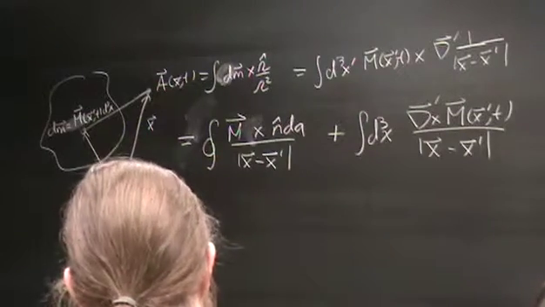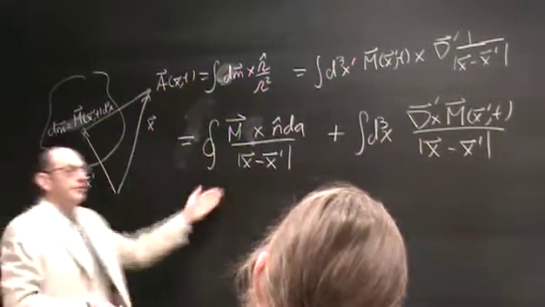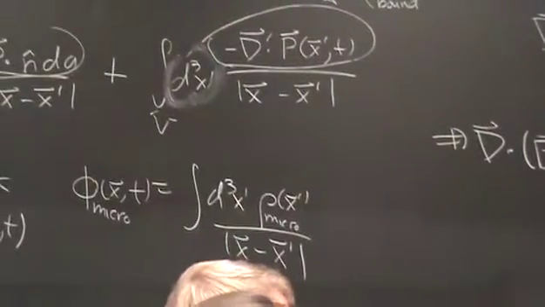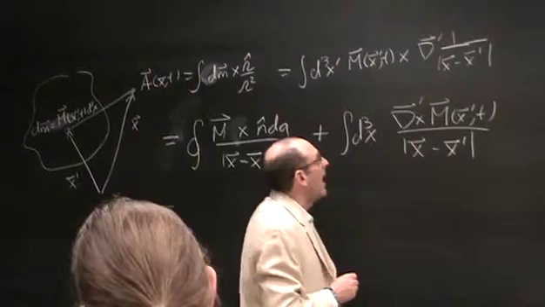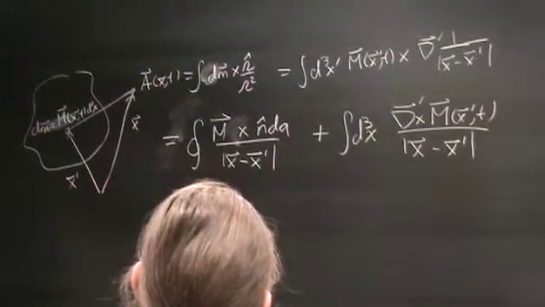Okay, so once again, we can interpret this similarly to the way that we interpreted the potential in the electric case. There is a bound source of current density and a bound surface current density.